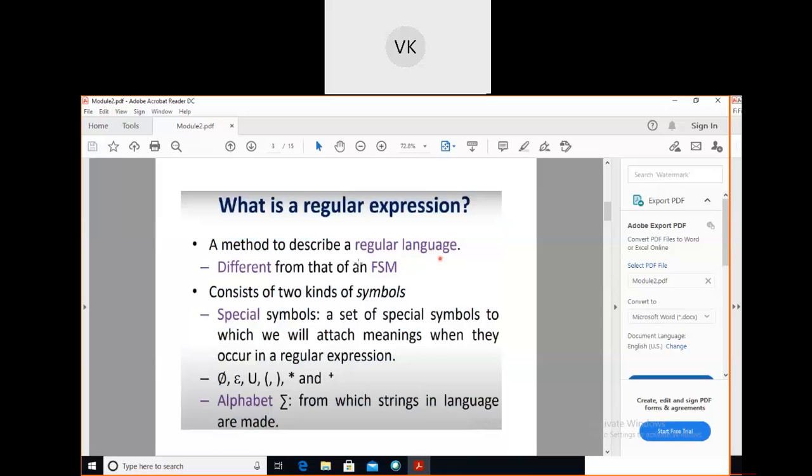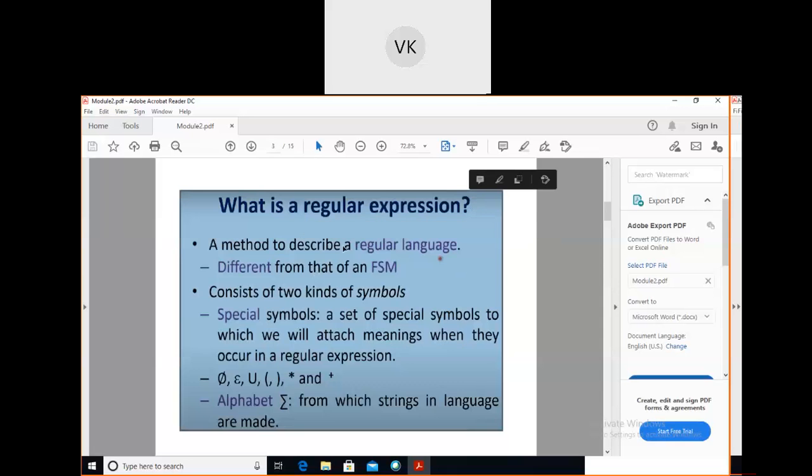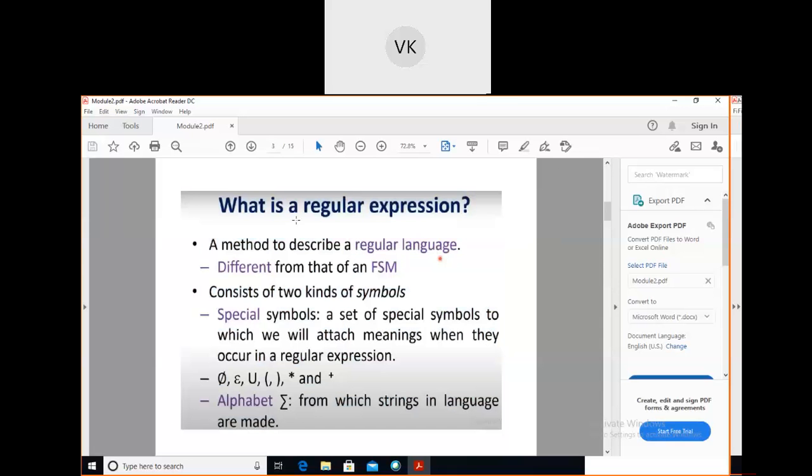When we define something with a mathematical expression, that is called a regular expression. The meaning of both is the same, but one is an English-like statement and the other is a mathematical statement. We'll see how in the further slides.